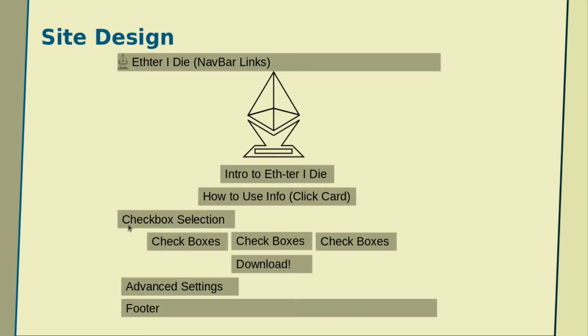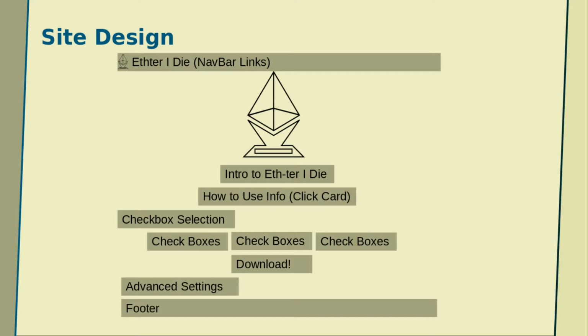Below that, I just need a static text saying the checkbox selection, and I want all the checkboxes to be probably 4 checkboxes wide for you to select, and then obviously the download button nice and central underneath all those options. Below that, I want the advanced settings, and below that the footer. Not too complicated.